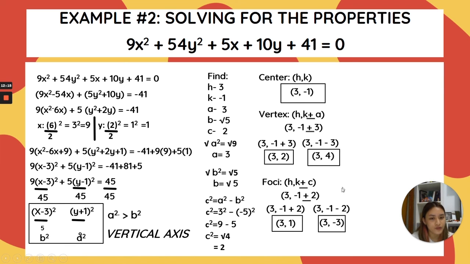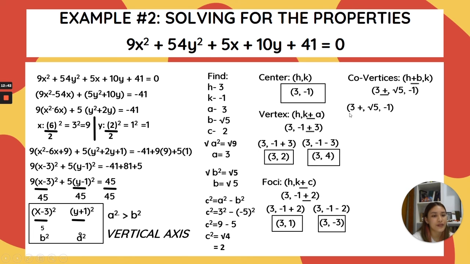Lastly, we'll solve for the coordinates of our co-vertices. So we have here h plus or minus b, and k. And then we substitute. We have h for 3, plus or minus square root of 5, and then negative 1, and then we separate just like what we did to the vertex and foci.